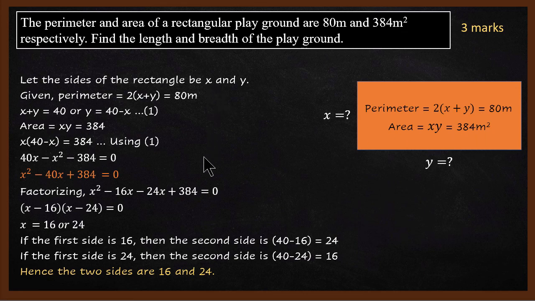Now, after you follow these steps, which are there in another video, you can watch it, you end up getting a quadratic equation like this. And then you solve via factorization and you can show that the sides are 16 and 24. So these are quite detailed and involved steps. There is a video covering all of this end to end. Do have a look.